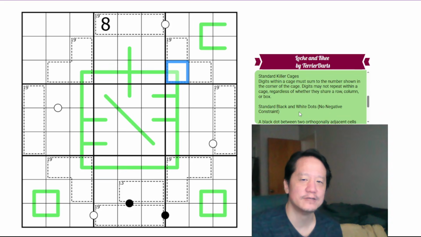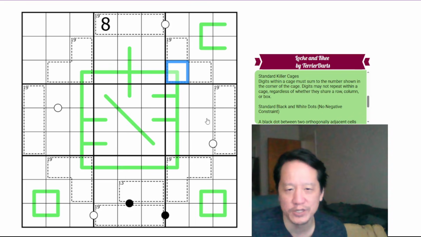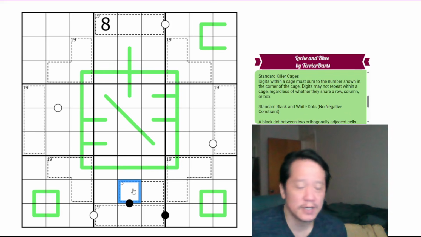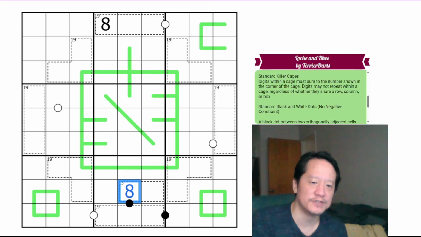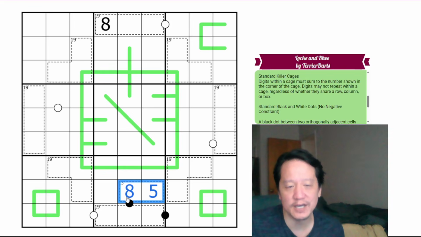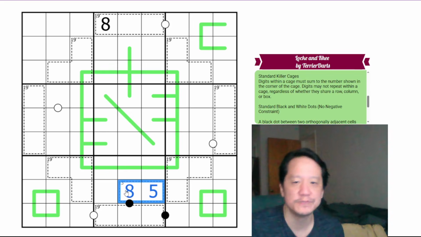In my opinion, it should just be digits may not repeat within a cage. That should be simple enough for people to understand. But that's just me. Anyways, as an example, if this is an 8, this would have to be 5, because these two digits must add up to 13, because there's a 13 in the corner of this cage. And that's an example of how killer cages work.